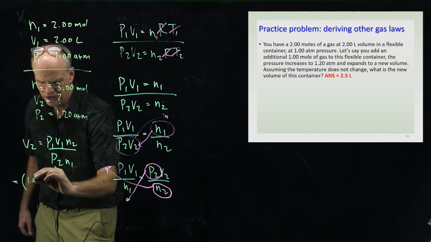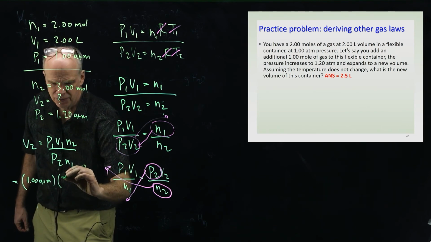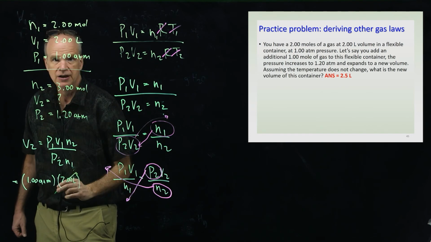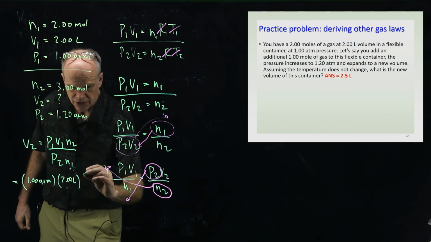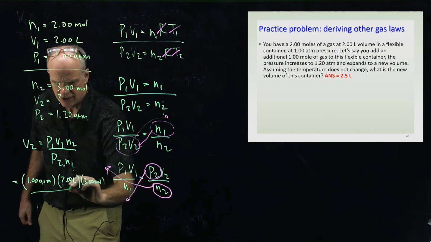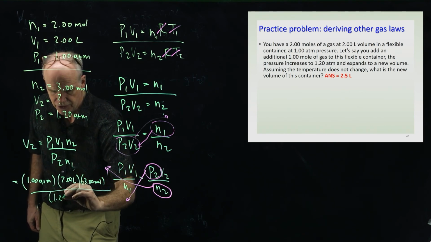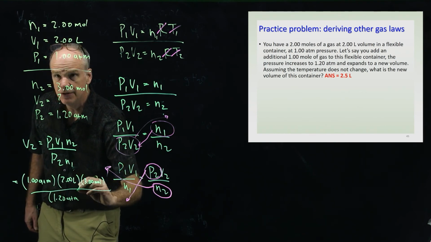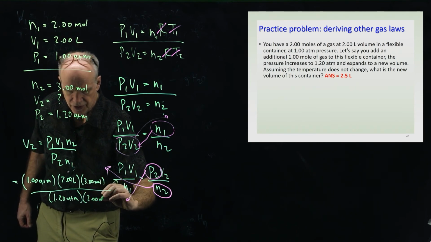So it's 1.00 atmospheres is P1. Volume 1 is 2.0 liters. And N2 is 3.0 moles, and it looks fine so far. P2 is going to be 1.2 atmospheres, and N1 is 2.0 moles.